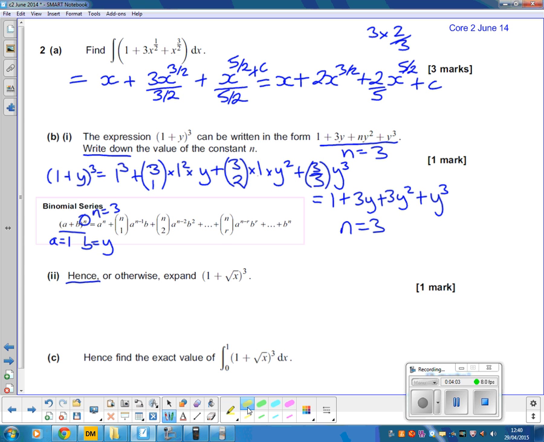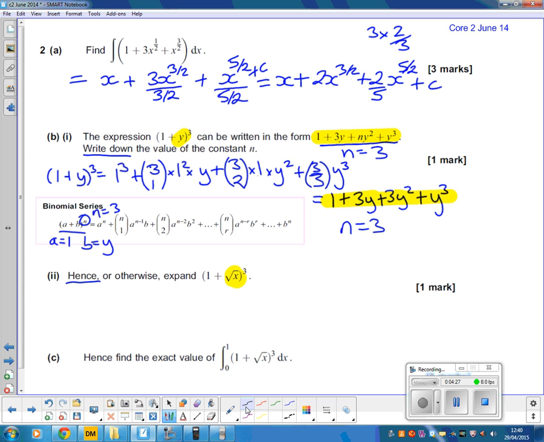Well, we have a look at B part 1 and part 2, and we notice that the only difference is that instead of y, we've got the square root of x. So all we need to do is to take our answer to B part 1, or if you haven't written it all out, it's in B part 1 in the question, and replace y with the square root of x.